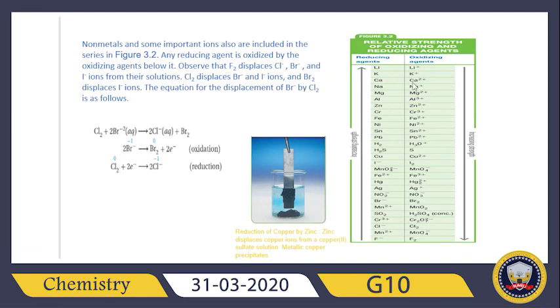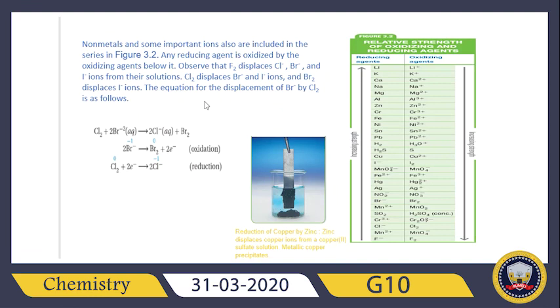So guys, according to this table, we can know which atom or which anion is better as an oxidizing agent or as a reducing agent, and according to that we can know which atom or which ion will displace the other in the chemical equation.